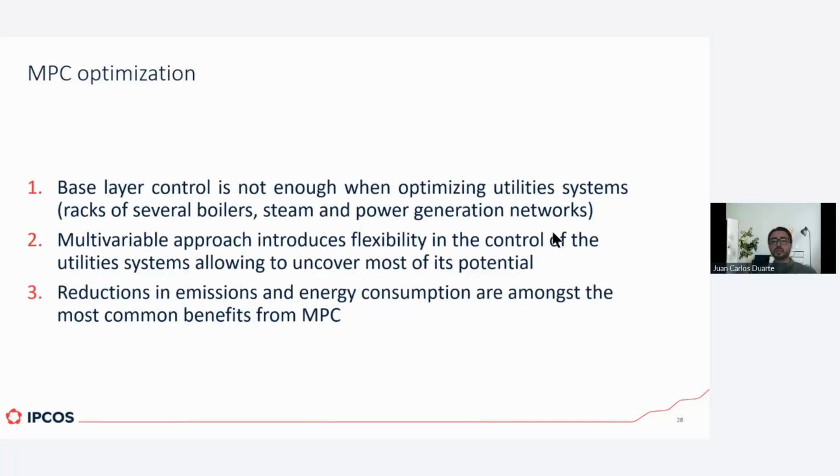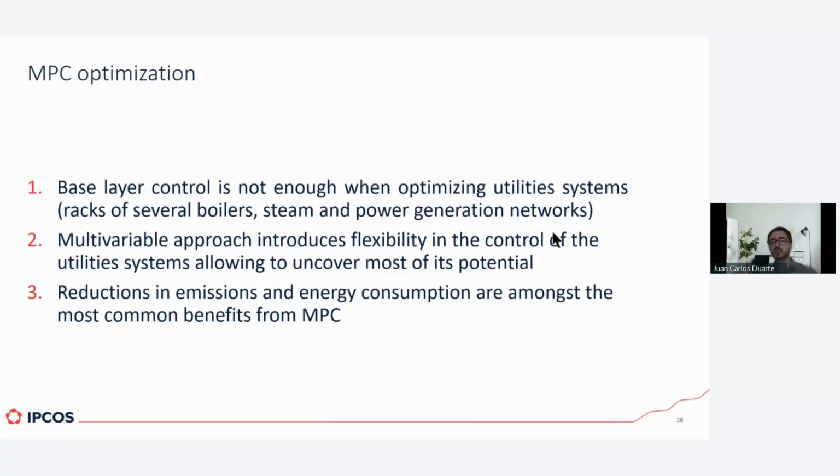So sometimes the base layer control is not enough when optimizing utilities systems. And when I say not enough, it is usually in cases in which, if you wanted to do that kind of control with an advanced regulatory control, it would become just too complex to operate. And then multivariable control makes it easier to implement and introduces some flexibility in the control.